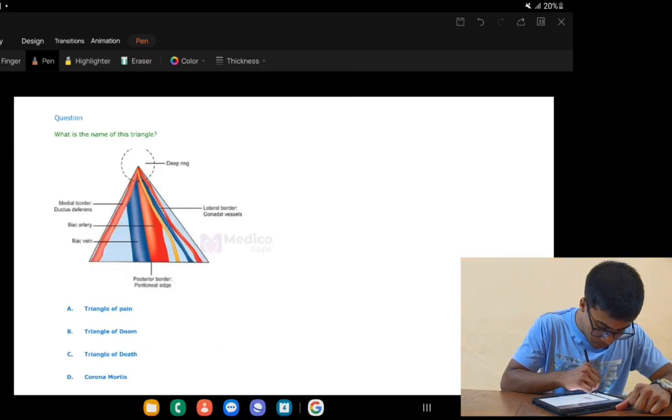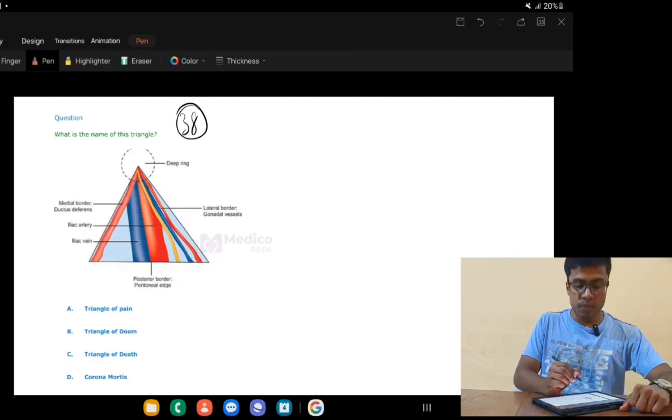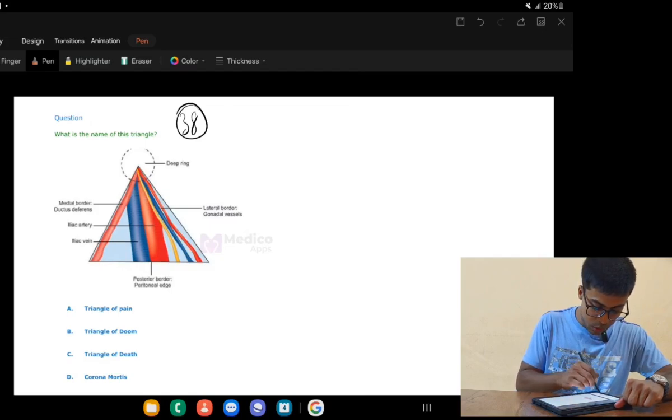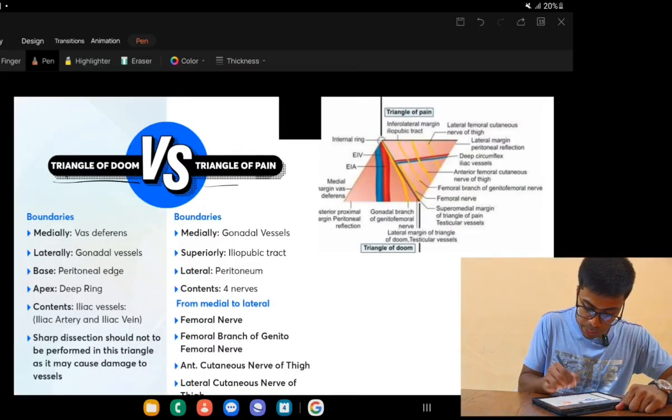This is question number 38. What is the name of this triangle? Before knowing this triangle, you should know both: the triangle of doom and the triangle of pain.